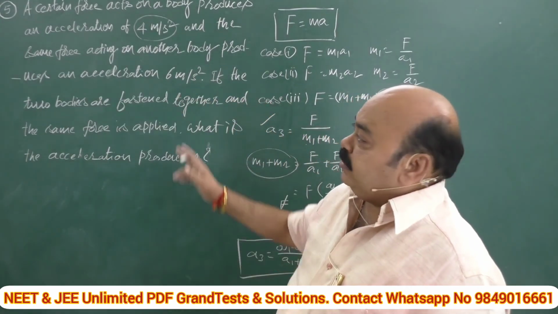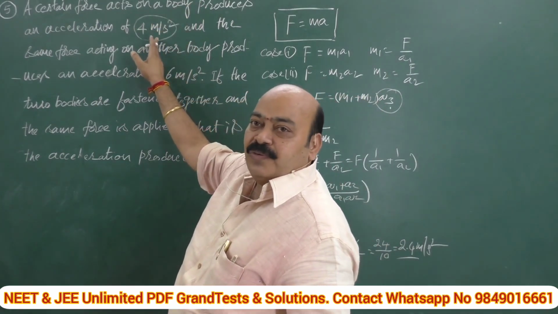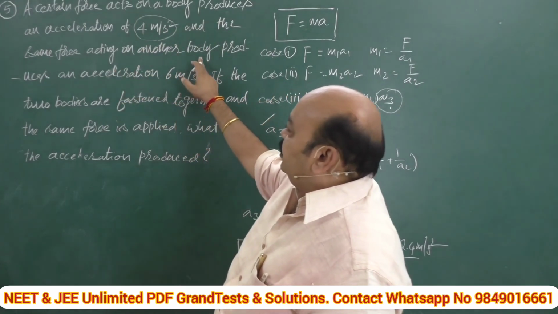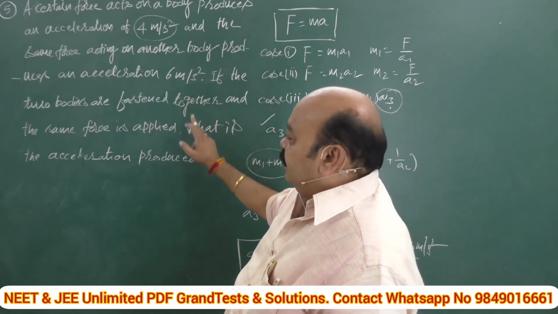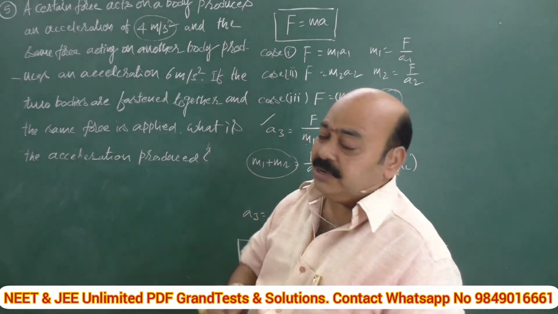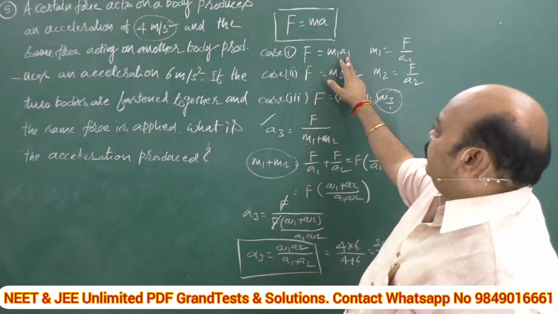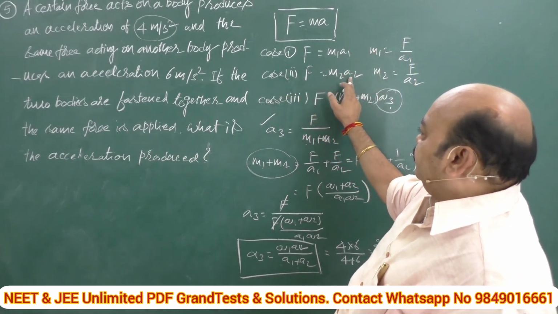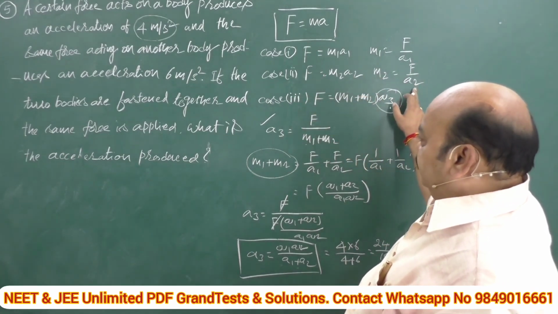Shall I repeat once again. See, when a certain force acts on a body, it produces an acceleration of 4 meter per second square, and the same force acting on another body produces an acceleration of 6 meter per second square. What acceleration will it produce when both masses are fastened together? That is the question. For the first case, F is equal to m1 a1, so m1 is equal to F by a1. In the second case, F is equal to m2 a2, so m2 is equal to F by a2.